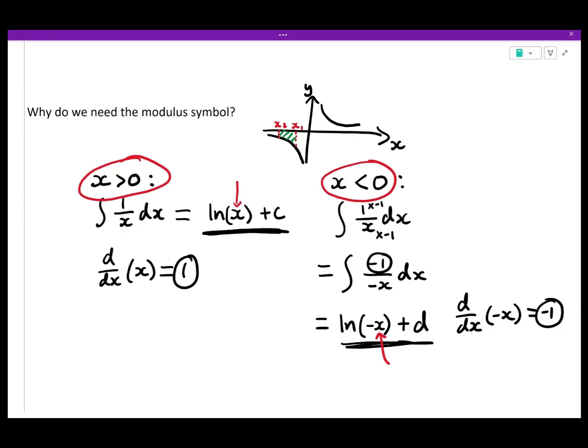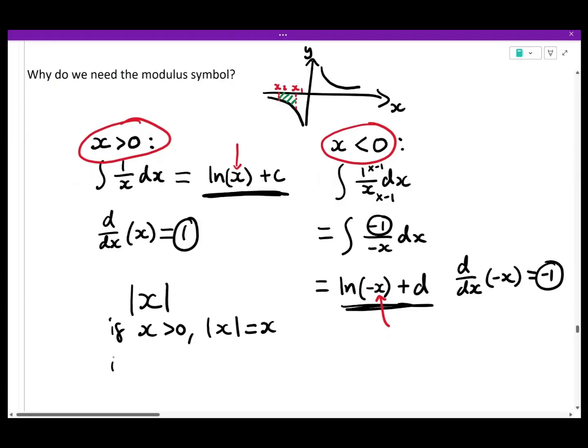Well, what does that remind you of? Well, that's our modulus function. When we have the modulus of x, if x is greater than 0, then our modulus of x is just equal to x. In other words, we do nothing. Whereas if x is smaller than 0, the modulus of x would be equal to -x. So in this scenario, we'd multiply by -1.